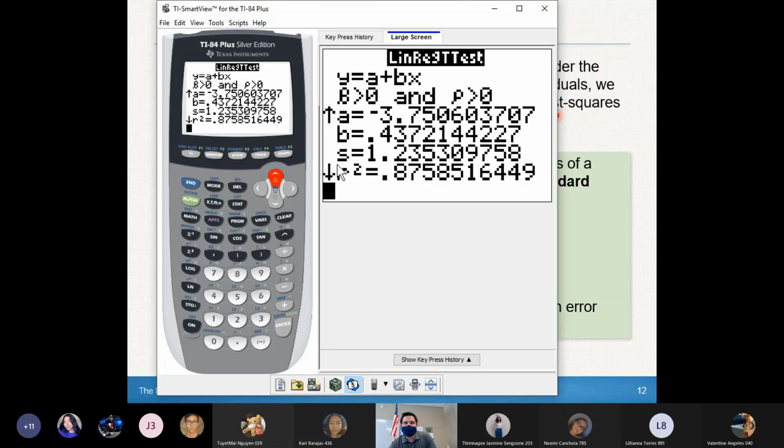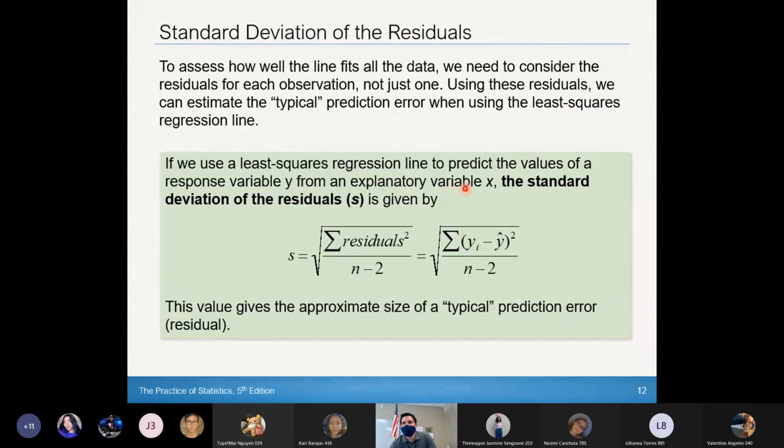We have s, that's the one we wanted, 1.235. So this value here is what we were concerned about, which is the standard deviation of the residuals. And since we already had the data input, it's going to be easier than trying to make sure we do this equation right. So we will use the calculator.